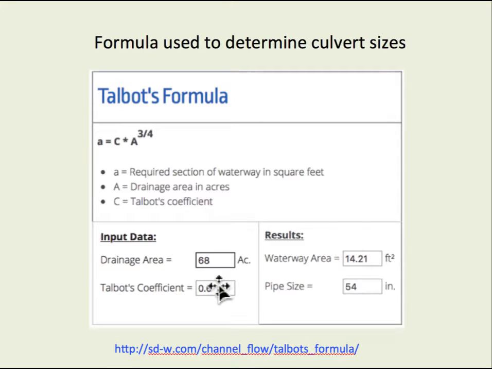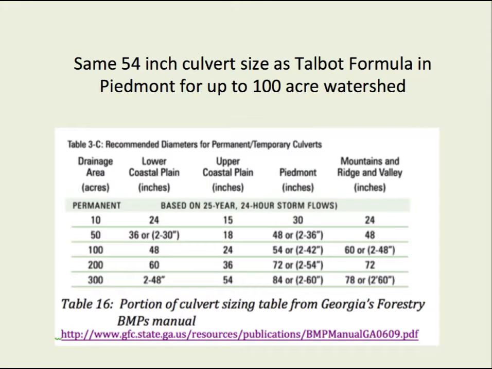The coefficient we usually use for forestry applications is 0.6. This is generally determined by the modified universal soil loss equation. It's a pretty standard practice to do that. And the result you wind up with is the size of the culvert that needs to be put in place, in this particular case 54 inches.